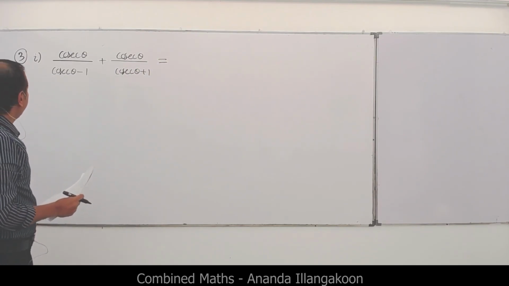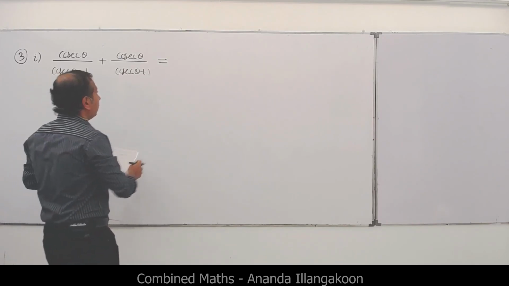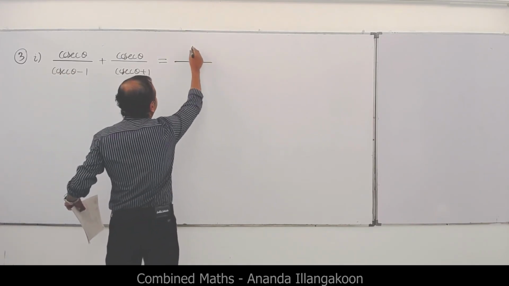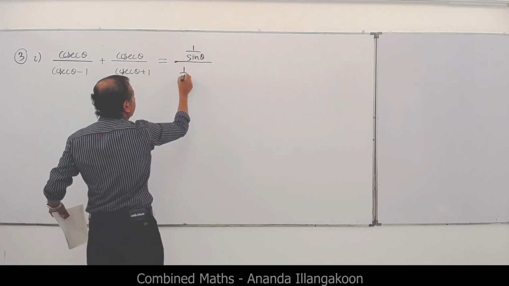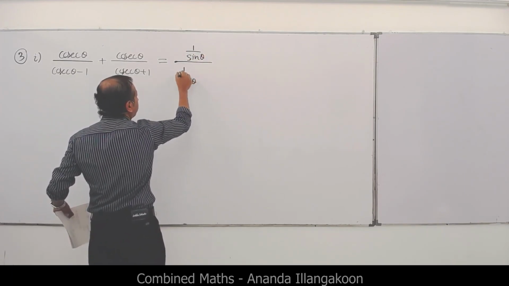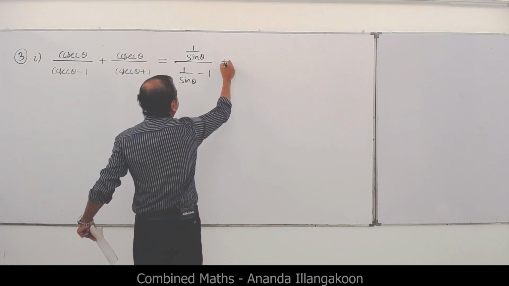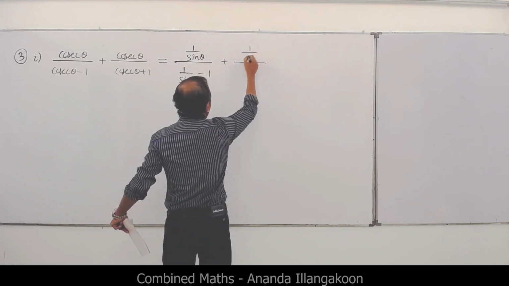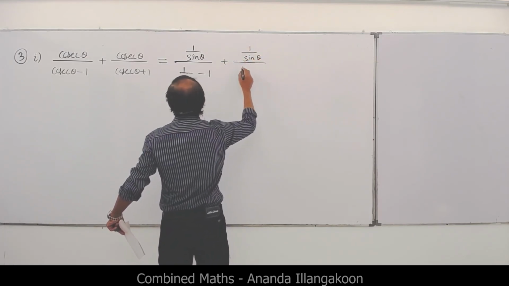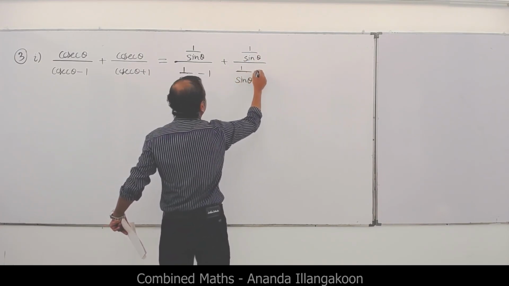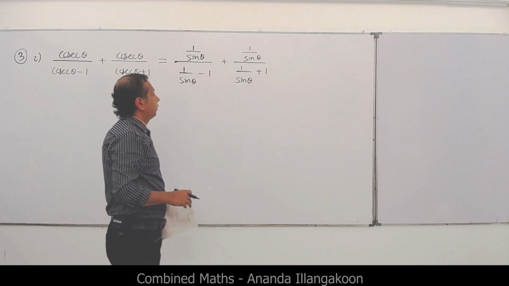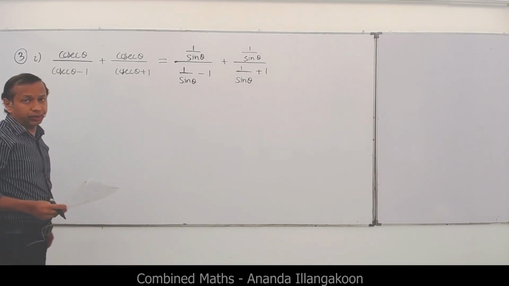You know this cosec theta is 1 over sin theta. Here 1 over sin theta divided by 1 over sin theta minus 1, and 1 over sin theta divided by 1 over sin theta plus 1. I wrote cosec theta as 1 over sin theta.